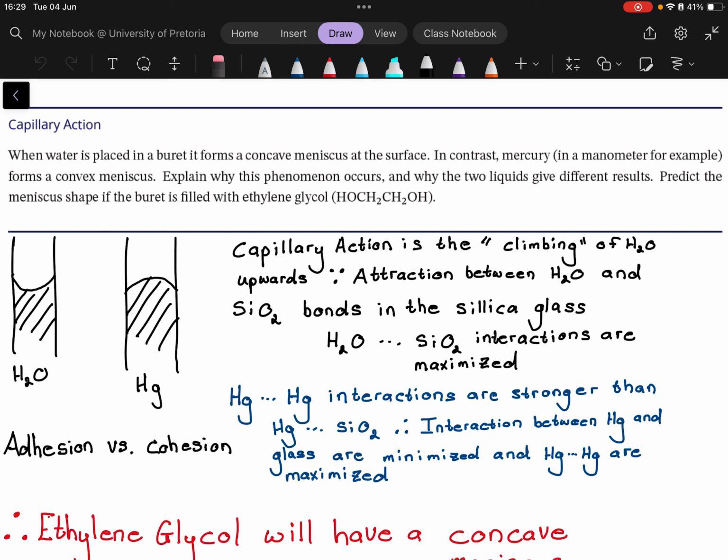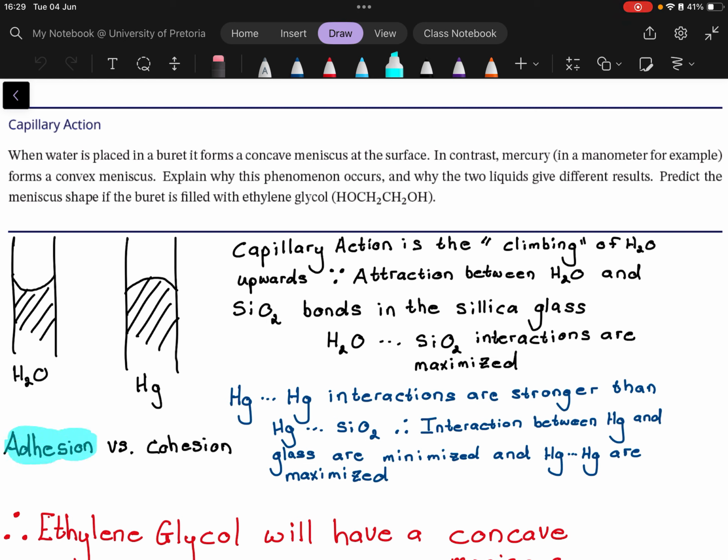On that same point, in a buret, you have a concave meniscus surface for water, whereas you have a convex meniscus surface for mercury. The phenomenon occurs for two different reasons, which we'll discuss. It's because of something called adhesion in the case of water.